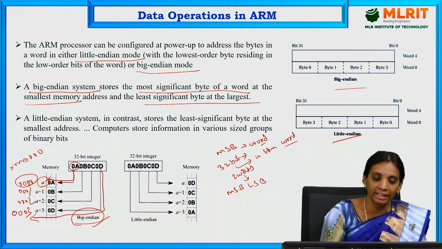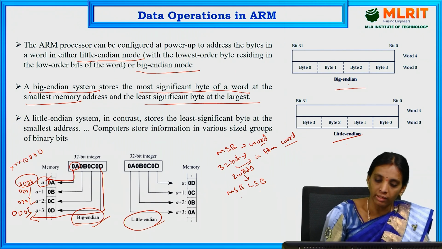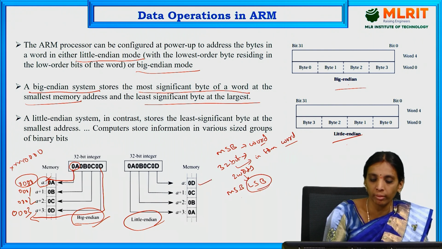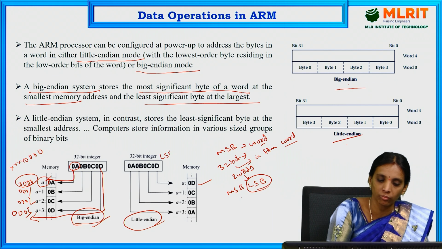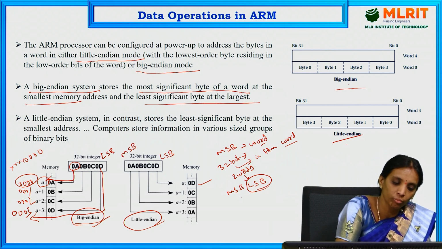In little endian mode of the ARM processor, the data will be stored like this: the LSB of the word will be stored in the smallest memory location. Here it is the LSB, it is the MSB. In the same way, here it is the LSB, it is the MSB.